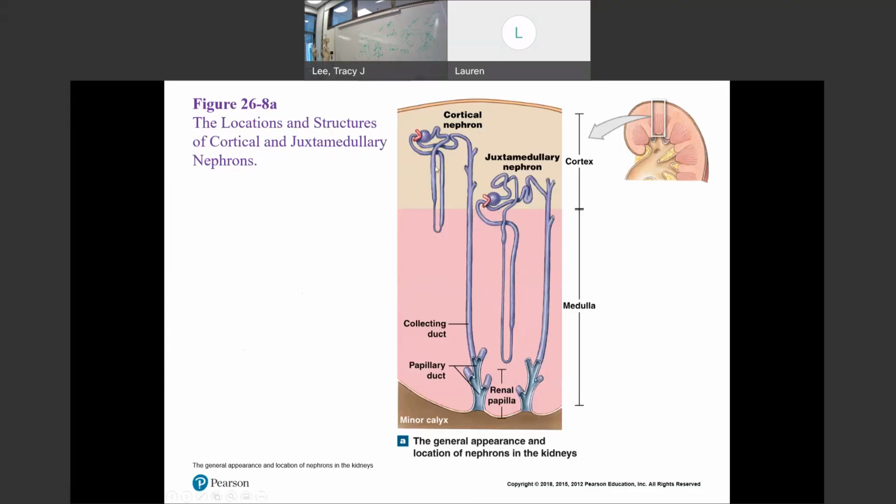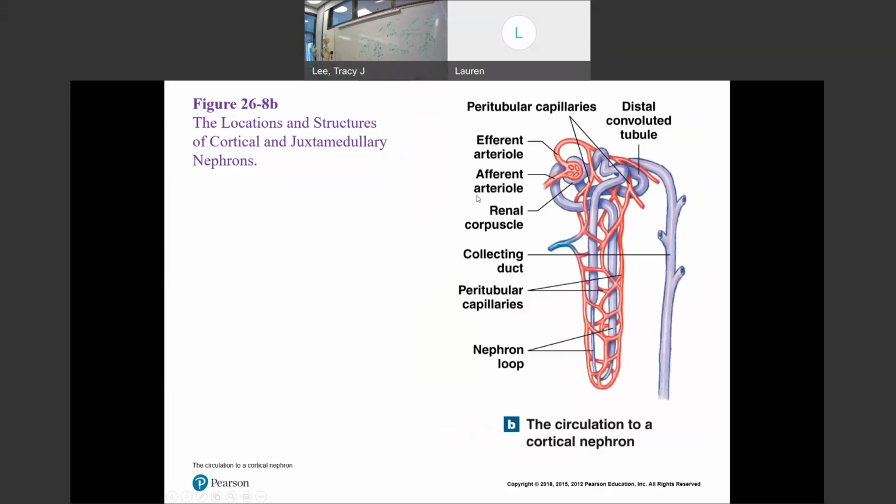If I was looking at peritubular capillaries, I'd see them up in here. This is a cortical nephron. You can see they're mostly in the cortex. Juxtamedullary come way down in the medulla. This is what most of my tubules are. And this shows my peritubular capillaries up here. These are my vasa rectas down in here.